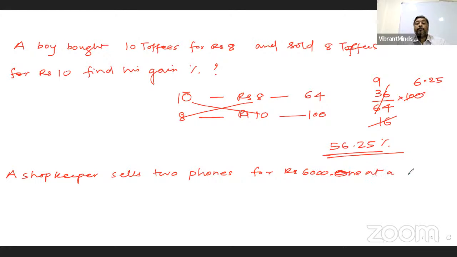One at a gain of 50% and the other at a loss of 25%.